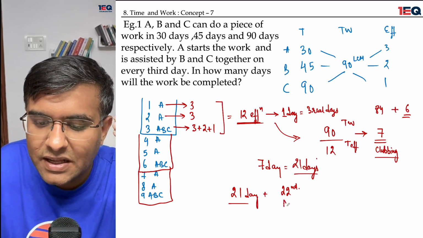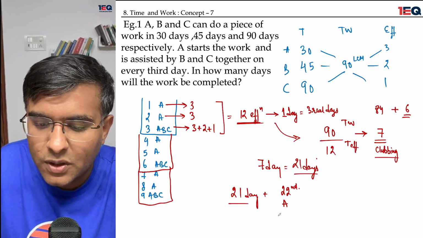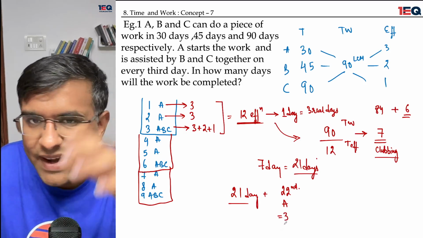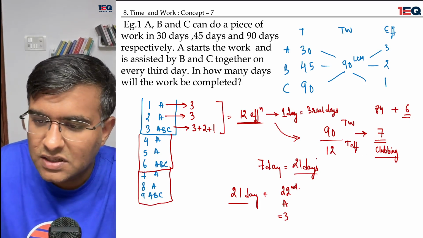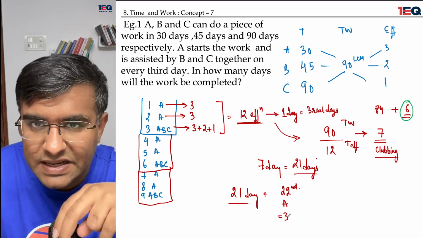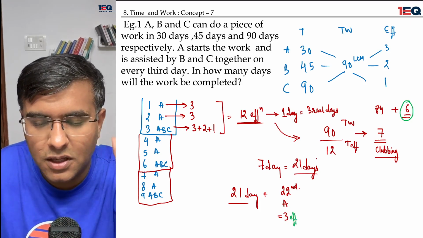On the 22nd day, A is going to work alone, and he is going to contribute the efficiency of 3. The pending work is 6 units.